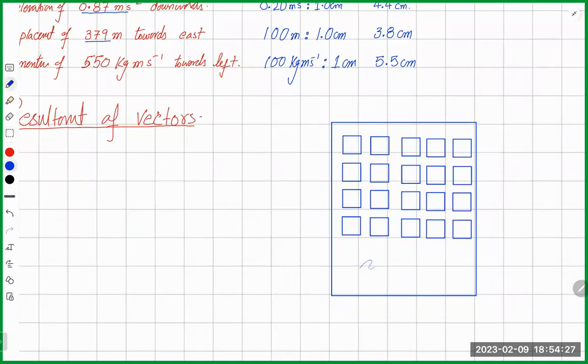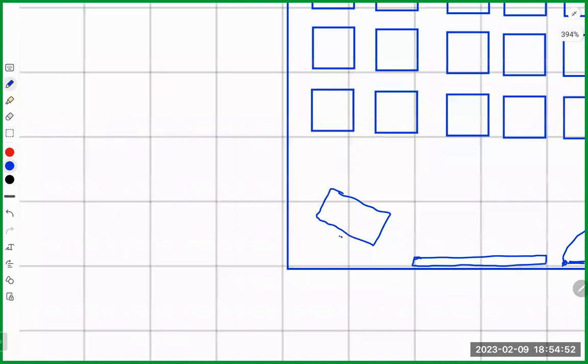There is a teacher rostrum over here. This is a whiteboard. This is a door. Now this is the top view of the classroom. This is where a teacher is standing.